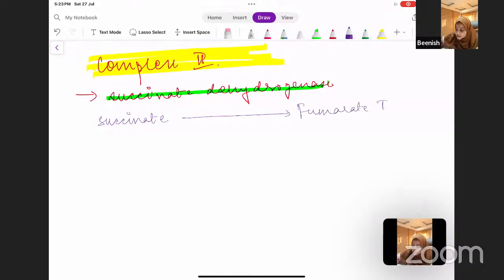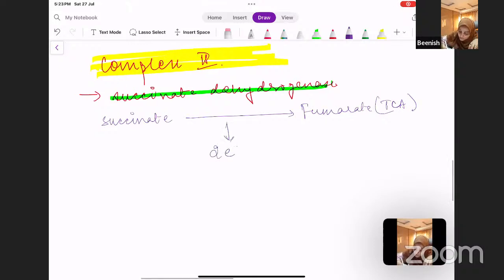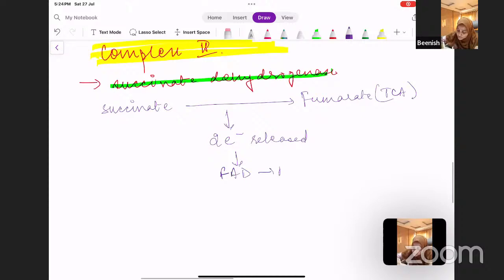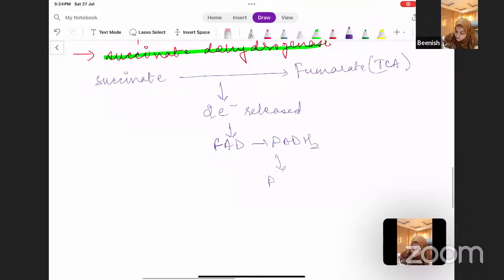What happens when fumarate is formed from succinate? 2 electrons are released, and they are first taken up by FAD, and FADH2 is formed. From FADH2 these electrons are given to the iron sulfur clusters present in complex 2, and then they are taken by coenzyme Q. This is the flow of electrons in complex 2.